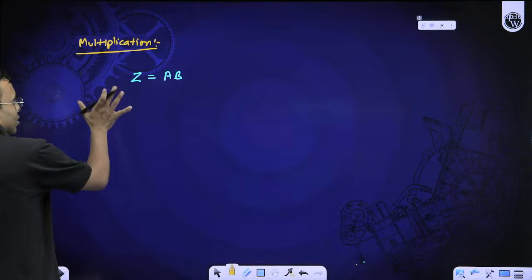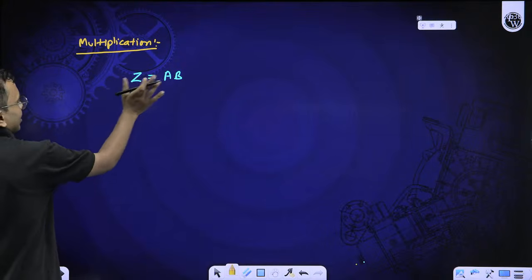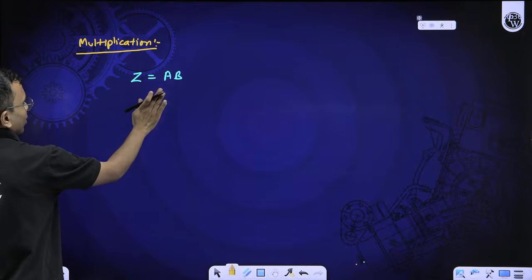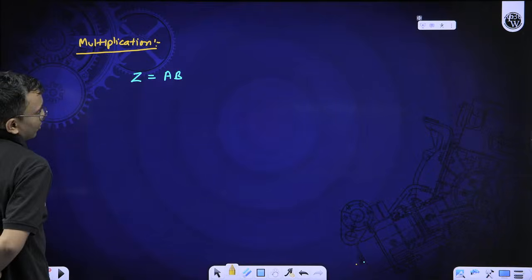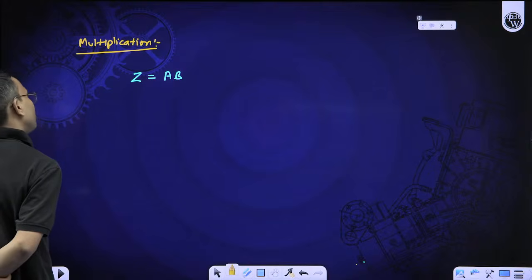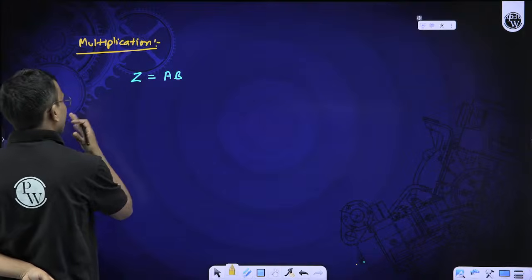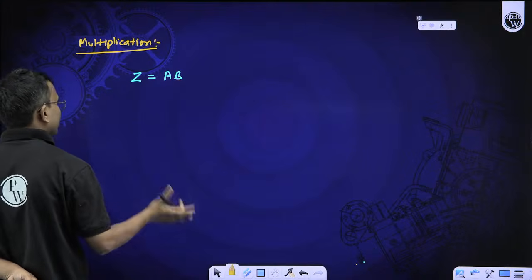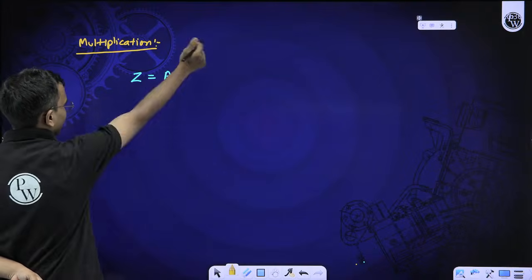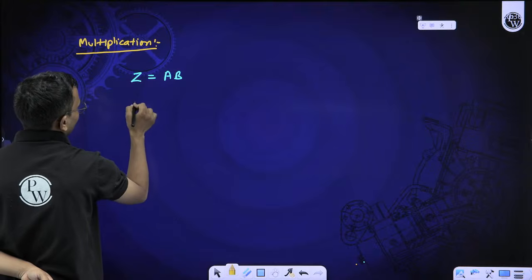Now, you need to find the error in z. How the error in z will depend on error in a and error in b. Let us differentiate it. I think you all know how to do differentiation and integration. Can I differentiate it? Yes. With respect to whom?